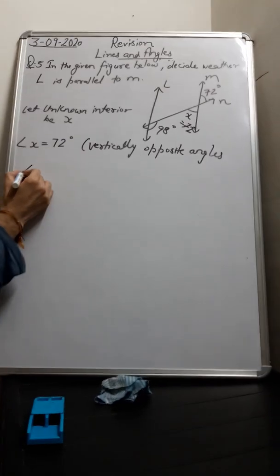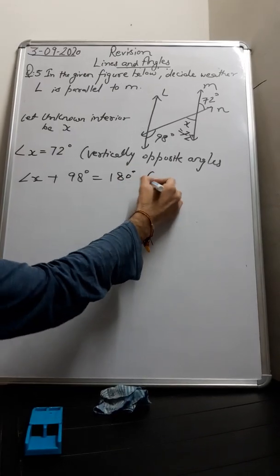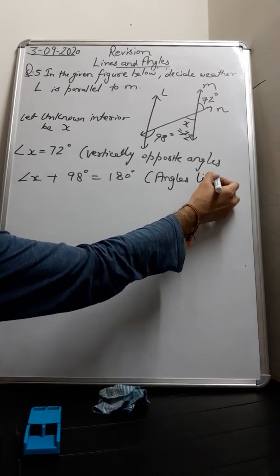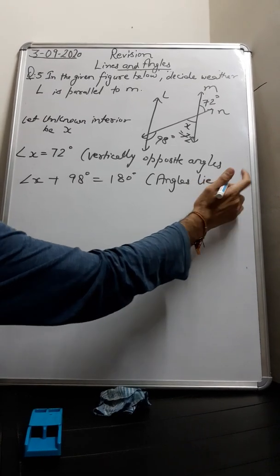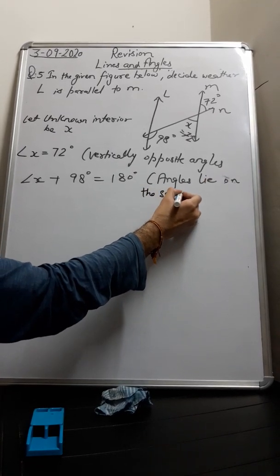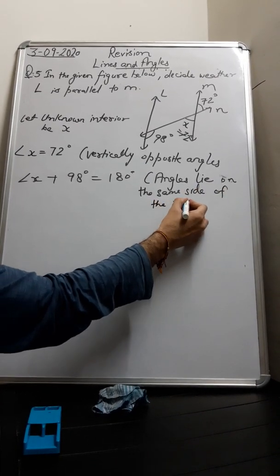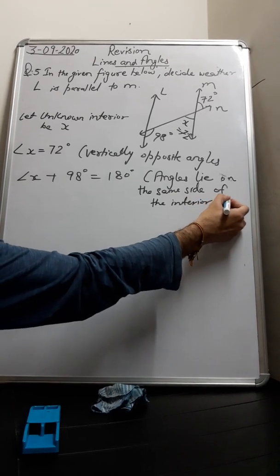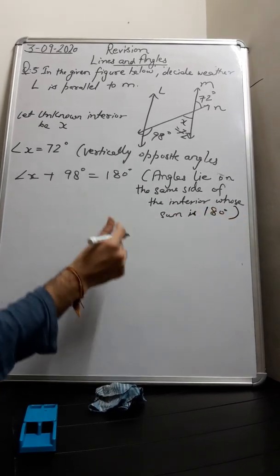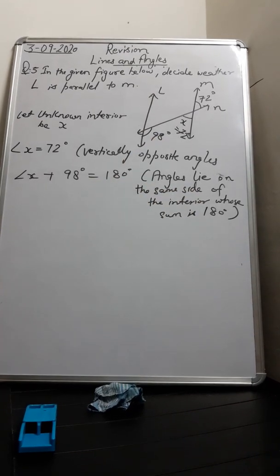Now we can see that angle x plus 98 degree will be equal to 180 degree because angles that lie on the same side of the interior, whose sum is always 180 degree.